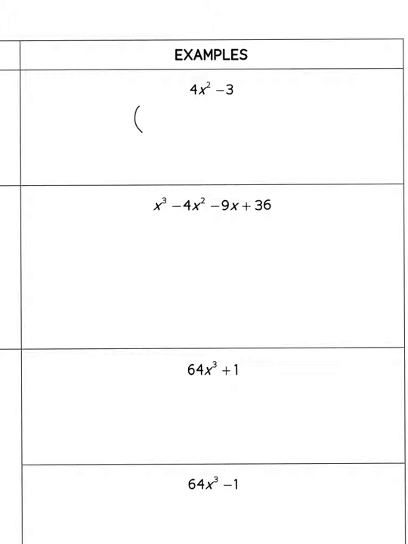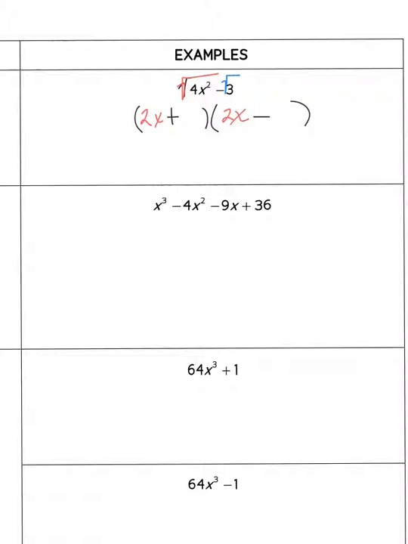So for instance, if I force it to follow the pattern of the difference of two squares, I would have a plus minus pattern. Then to get my a, I'm going to take the square root of 4x squared. Well, the 2x goes here and here. And then to get my second term, I'm going to take the square root of 3.